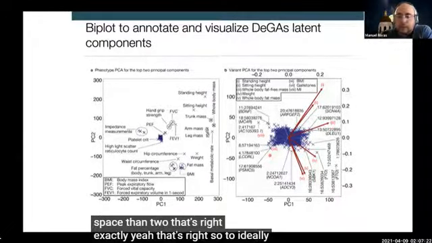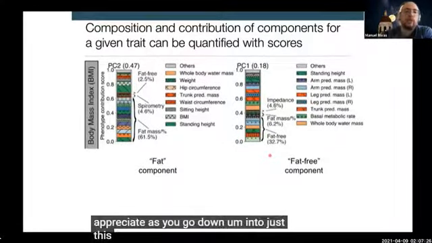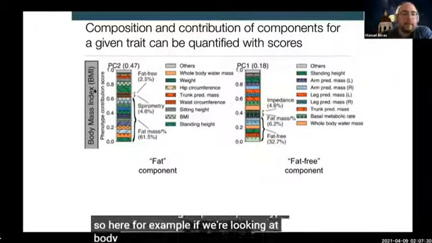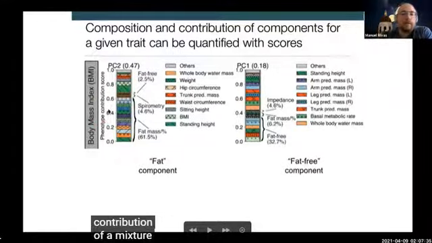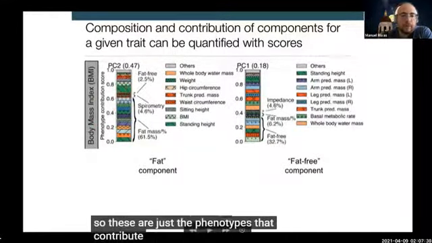So to appreciate this, as you go down into characterizing a specific phenotype, for example body mass index, you can see the contribution of a mixture of components. These are just the phenotypes that contribute to it.